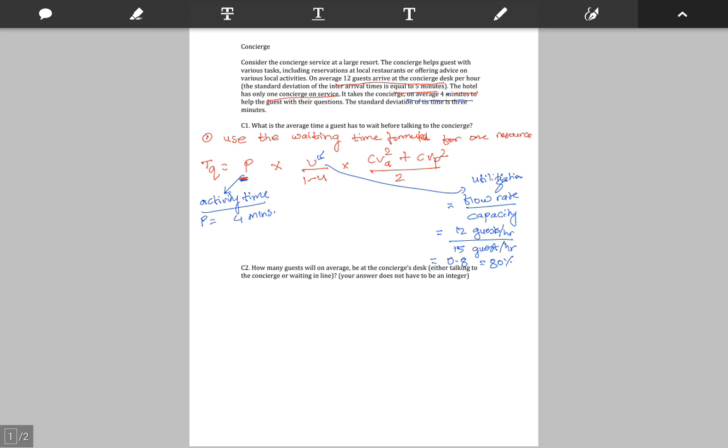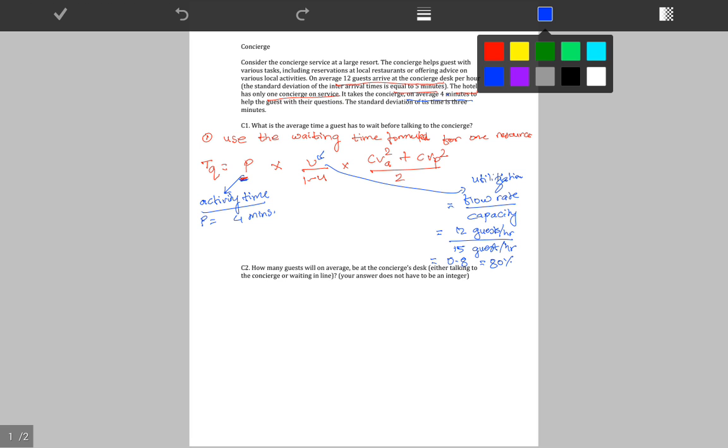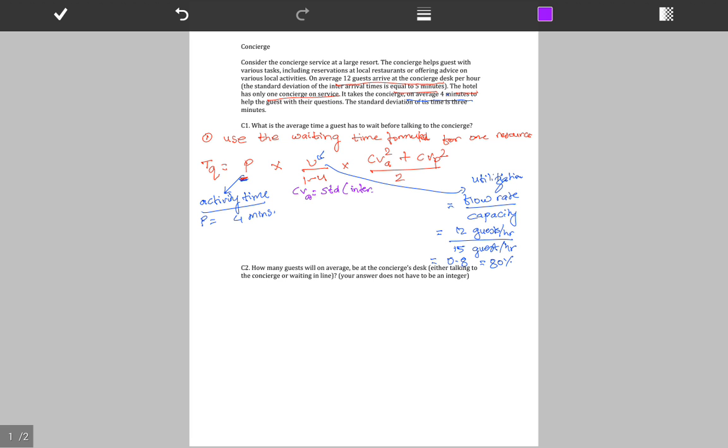Okay, now we need CVA. So how do you get CVA? CVA is nothing but the standard deviation of inter-arrival times divided by the average or the mean of inter-arrival times.